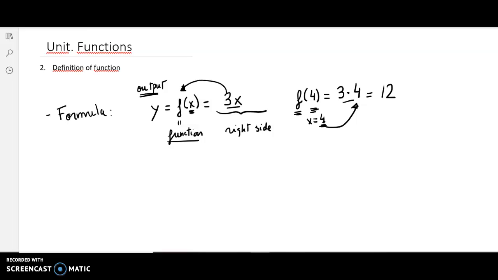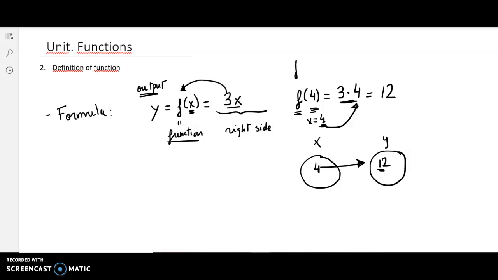So if I write the first set, from the 4 goes one relationship to the second set. From the 4 there is a relationship to 12. That is the output. This is the result of this operation 3 times 4.